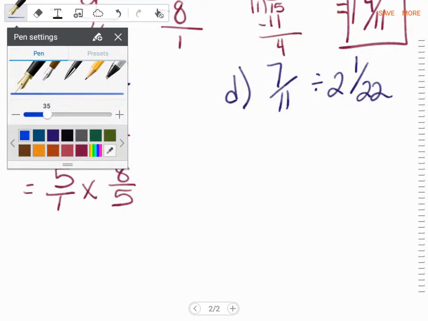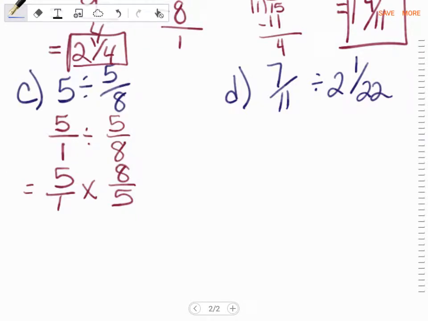So from there, I'm going to say, okay, can I cross cancel? Let's look at the 5 and the 5. Well, we know 5 goes into 5 1 time, and 5 goes into 5 1 time. So that's all nice and clean. And then we have a 1 and an 8.